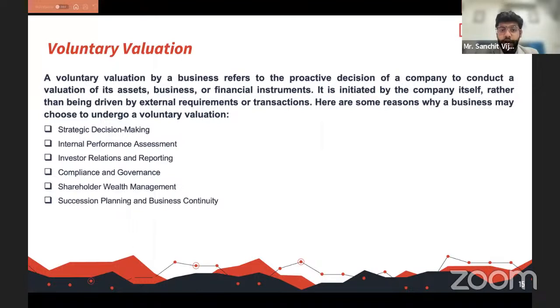Businesses may choose to conduct voluntary valuation as part of succession planning and business continuity efforts in order to understand the value of the company's assets and business operations, which can aid in a smooth transition of ownership or leadership within the organization. It is very important to note that voluntary valuation should be conducted using appropriate valuation methodologies, and we should keep in mind why we are doing the valuation.